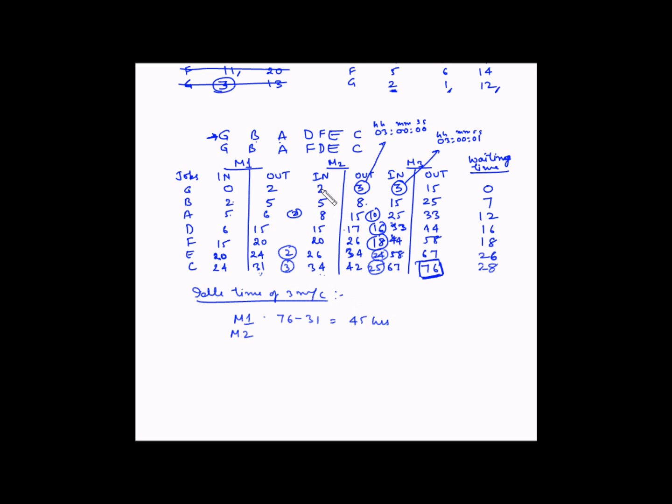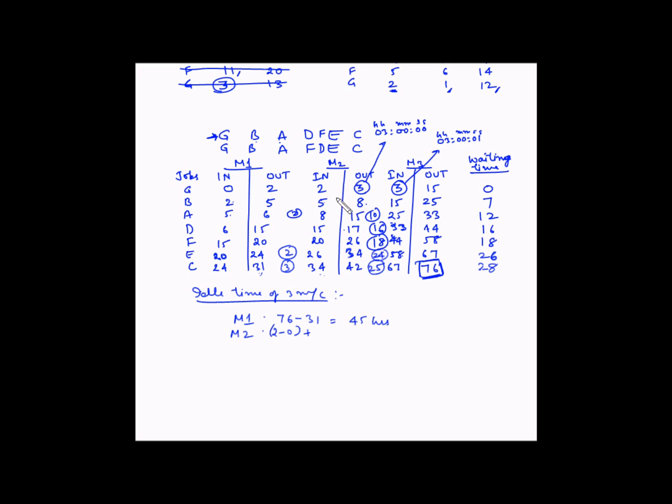Now machine M2 starts processing jobs at the 2nd hour. So this has an idle time of 2 minus 0. And then let's see if we have anything more. So G gets processed on the 3rd hour, and then it processes B on the 5th hour.